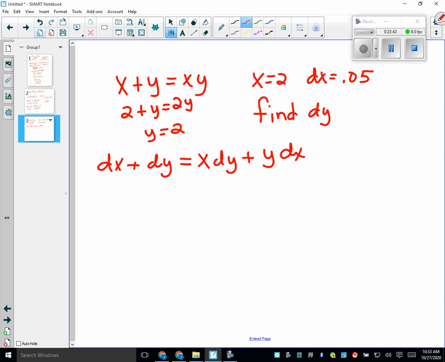So I'm going to fill in everything I know. What is dx? Plus, what is dy? That's what I want to find. dy equals 2 dy plus what? 2 times 0.05 is not 0.5.